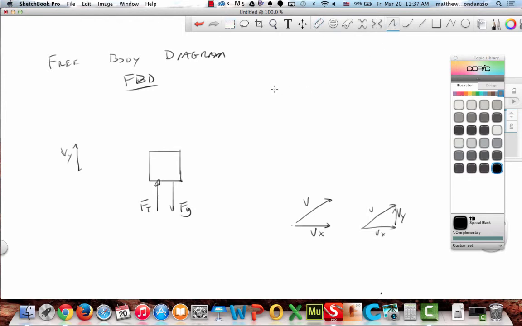And if you know this, you can solve any physics problem you want. The sum of anything equals 0. Sum of everything equals 0. The sum of your forces equals 0. The sum of your torques equals 0. The sum of your energy equals 0.